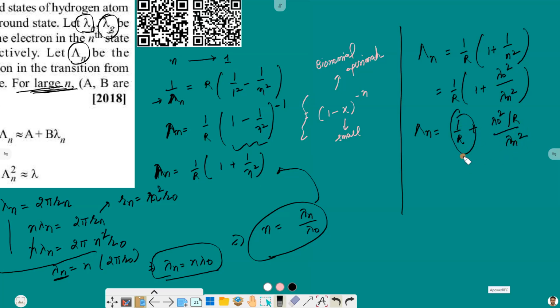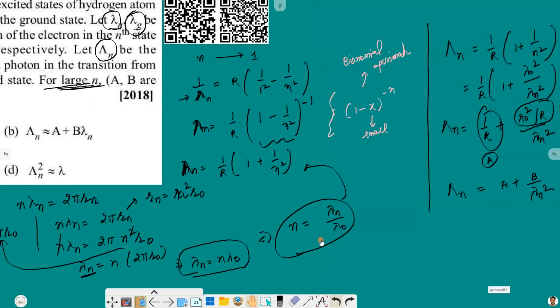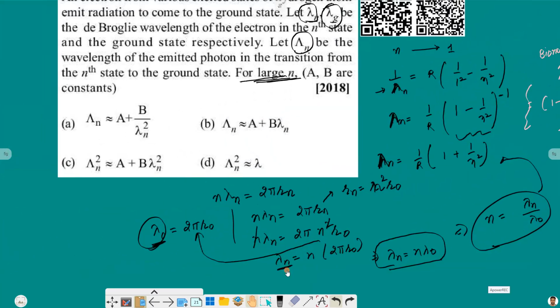Now this will be a constant a and this will behave like a constant b. So delta n is equal to a plus b by lambda n square, and that is the answer which matches with option A. So option A is going to be the right answer.